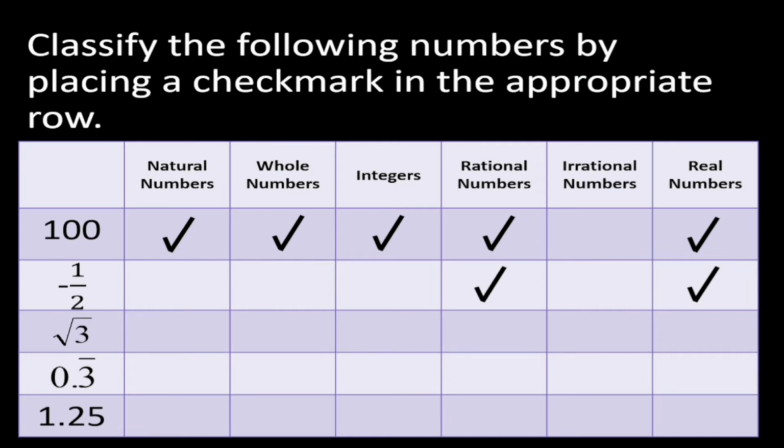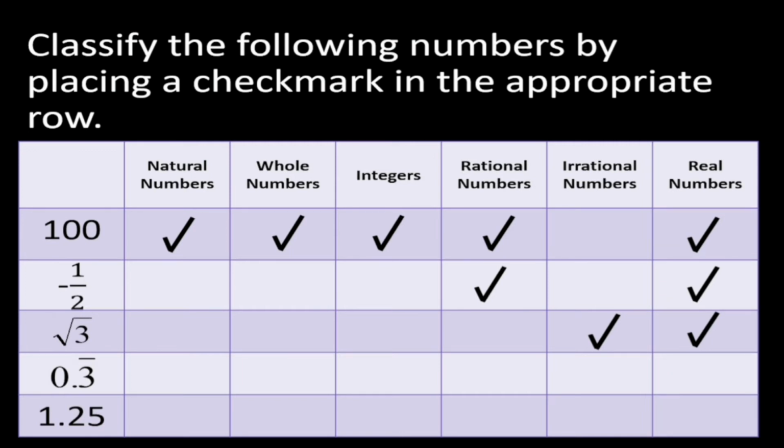And for number 3, I have here the square root of 3. The square root of 3 is actually an irrational number, and it is a real number. So take note that the square root of 3 is a number that cannot be expressed in terms of a fraction or in terms of A over B.